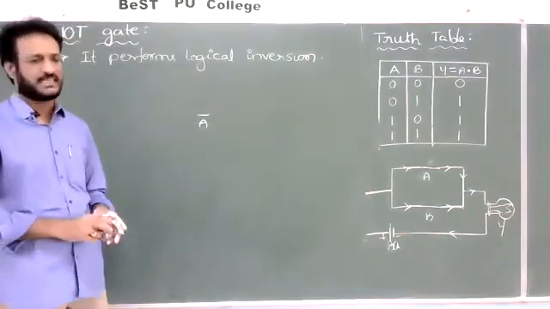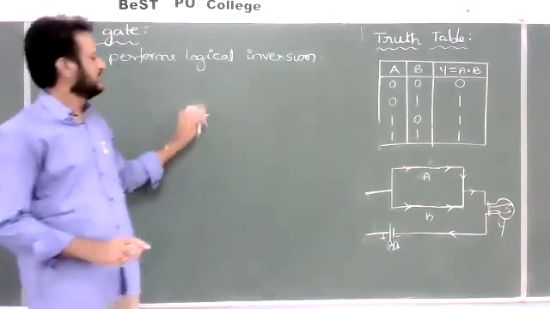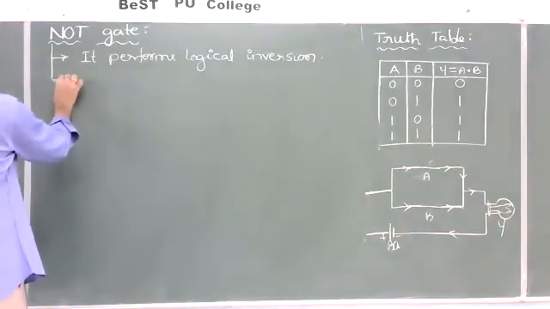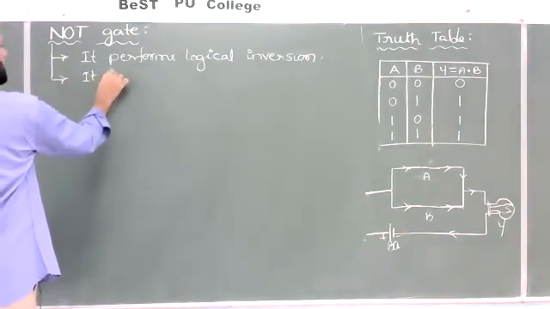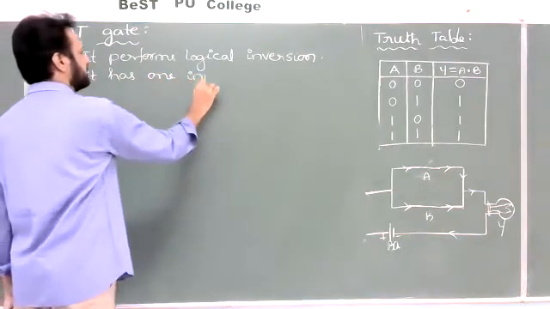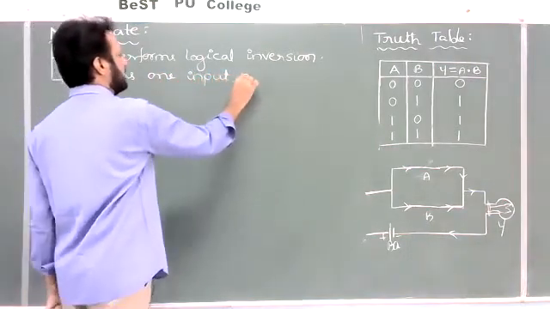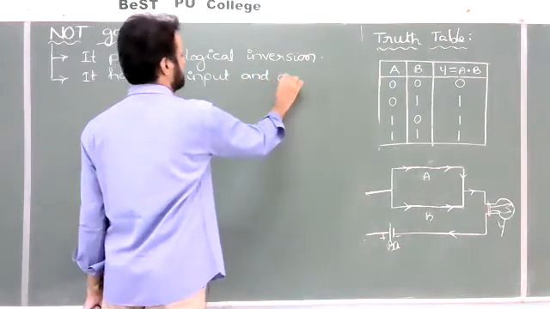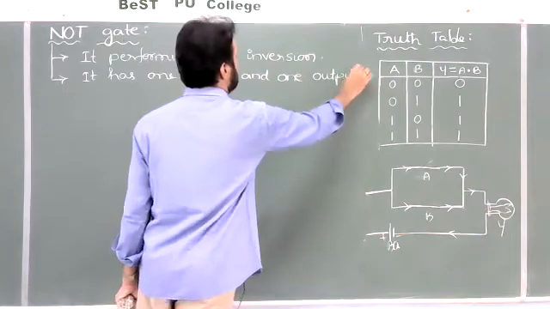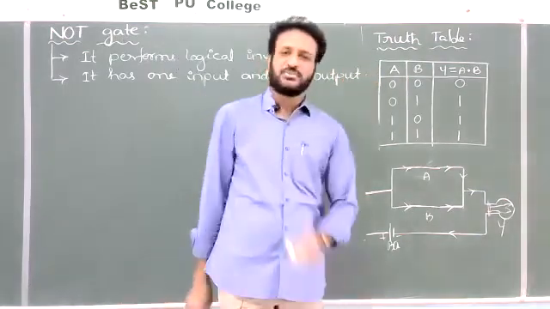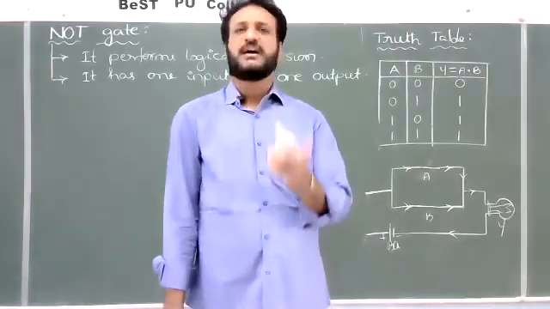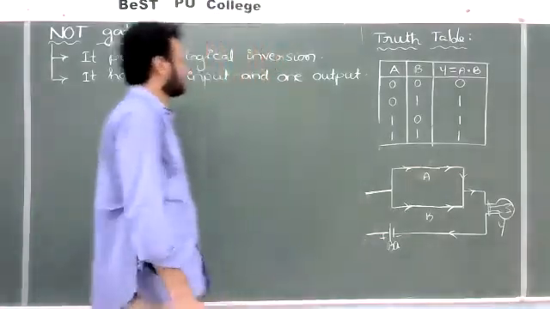It is exactly opposite to A. But it has only one input and one output, whereas the AND gate and OR gate have two inputs and one output.